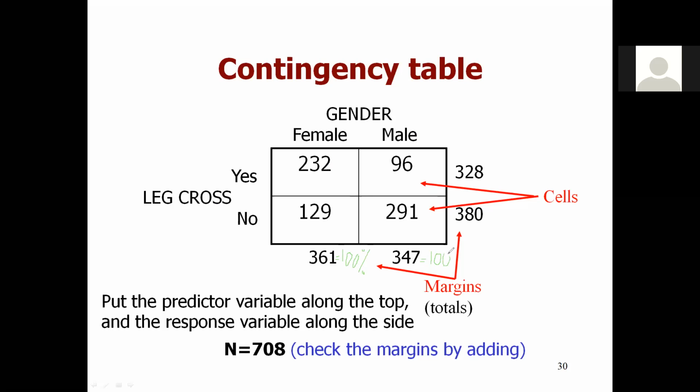Okay, now you guys use your phone or your Excel and recalculate these numbers by turning them into percentages. So what's the percent of men who cross their legs if it's 96 men with the 347 being 100? And what is the percentage of women who cross their legs if 361 women constitute 100%?